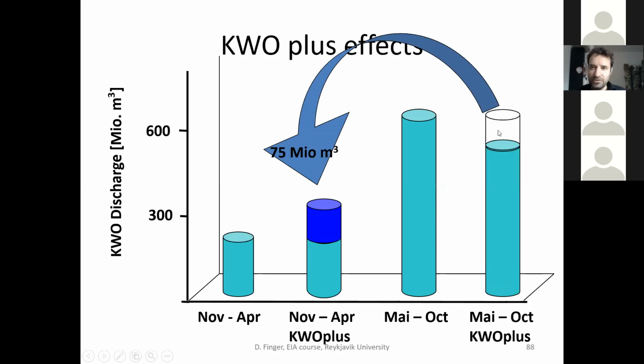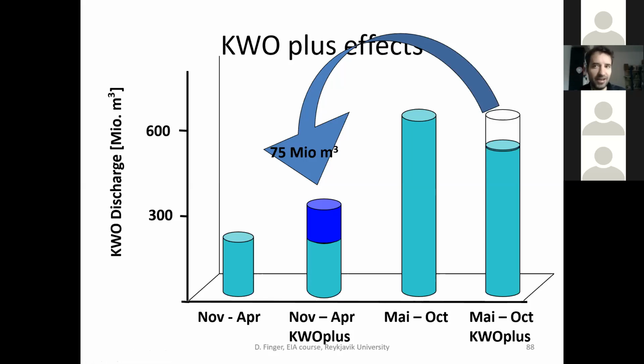And of course, most of the water would be shifted from the summertime to wintertime. More water would be released during wintertime, and this would increase the effect that we showed before, that hydropower has an effect on the temporal shift of the turbidity in the lake and on the algae production in the lake, by simply releasing more turbid water during the winter times than during the summer times.